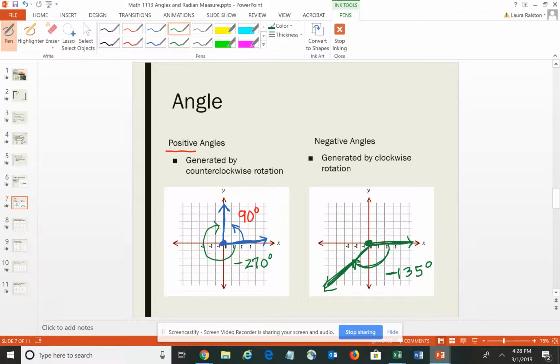On the other hand, if I rotated the negative angle counterclockwise instead of clockwise, I would have the angle 225 degrees, which is positive. So again, you have to pay attention to the direction, whether you should rotate counterclockwise or clockwise, and that's determined by whether the angle is positive or negative.